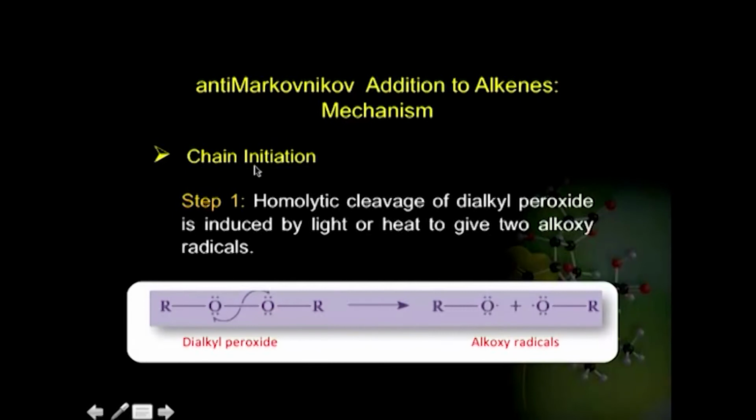You are familiar that the first process in this particular mechanism is chain initiation, under which we have the first step, where homolytic cleavage of dialkyl peroxide is induced by light or heat to give 2 alkoxy radicals. So, this is the triggering of the radical formation.